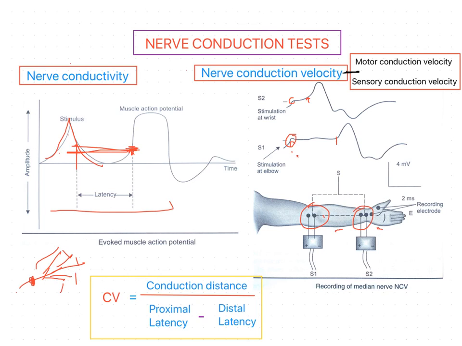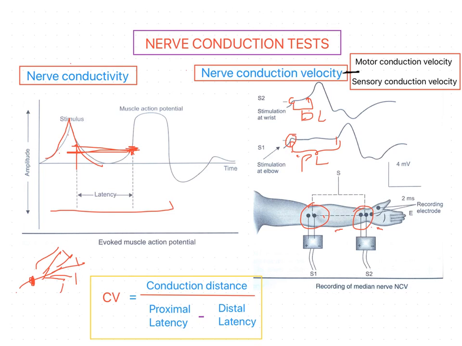One is at S2. This is called distal latency, and this one is called proximal latency. Definitely the proximal latency is greater than the distal latency.